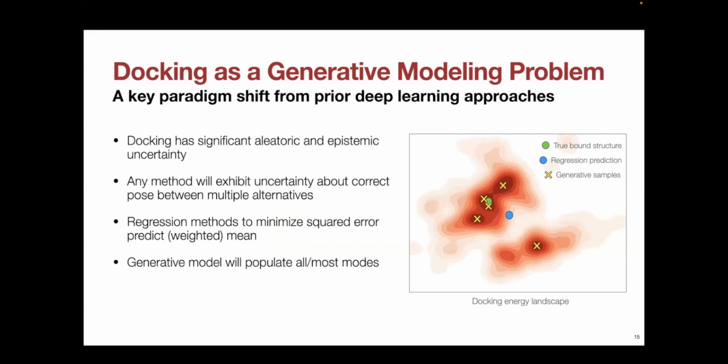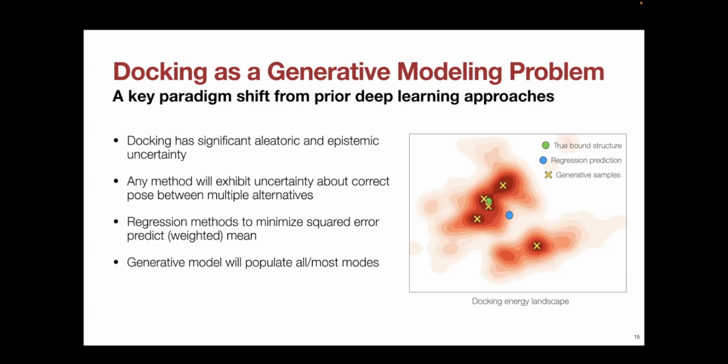Okay, so Hannes has motivated why traditional docking methods really struggle with a very large search space, and why the previous deep learning methods based on regression also struggle in this task. To give another intuition for why this is the case, what's particularly hard about docking is that there is a lot of uncertainty in the task.